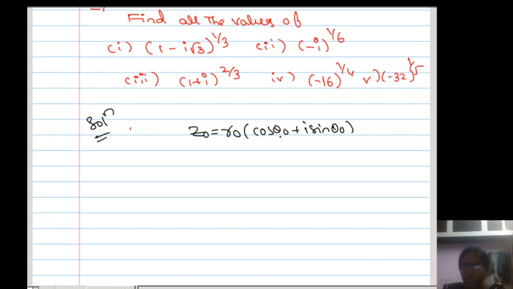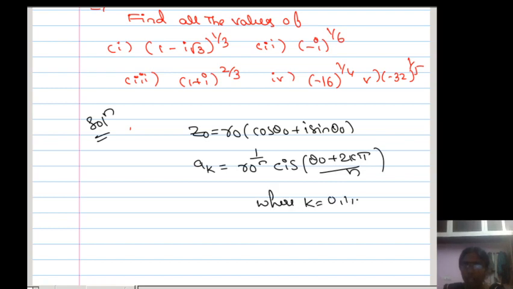Generally we take the principal argument. Already in the previous classes, in the first chapter, I told you how to find the modulus and how to find theta naught, the principal argument. By that we can write the polar form. If you know r naught and theta naught, you can find the nth root using the formula a_k equals r naught power 1 by n cis of (theta naught plus 2k pi by n), where k equals 0, 1, 2, 3 and so on up to n minus 1.